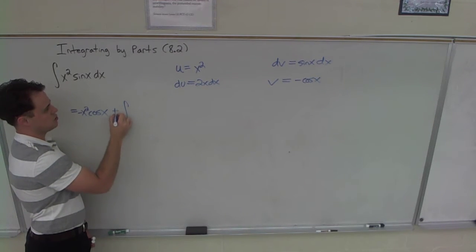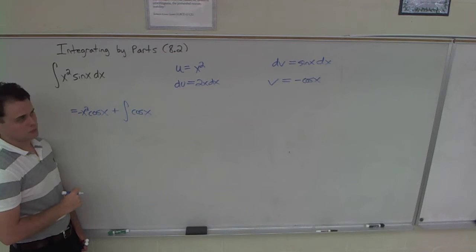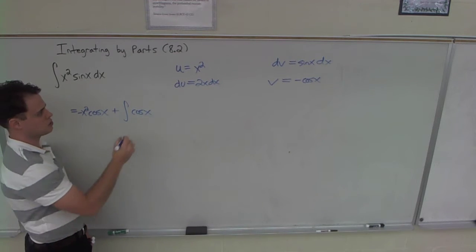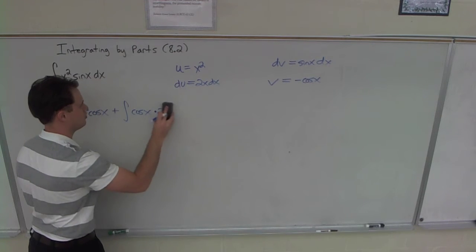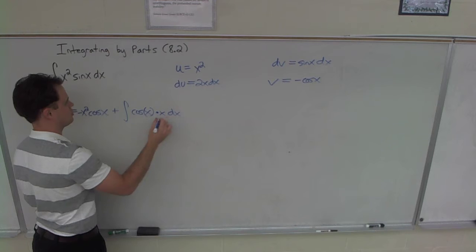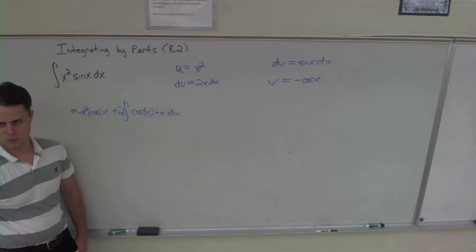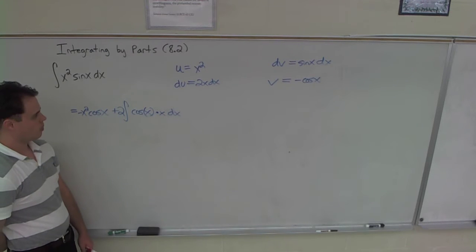There's another minus, so I'm just going to say plus. So I still need this 2x dx. It's cosine times x dx times 2. We don't have any limits of integration to worry about, so we're good to go.